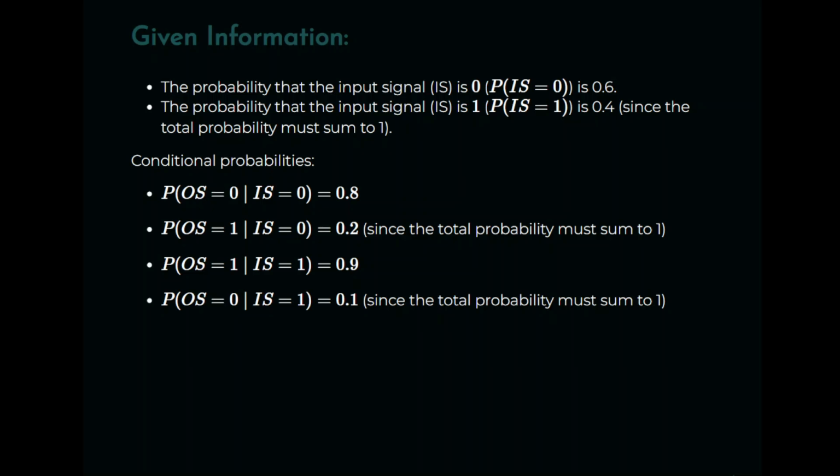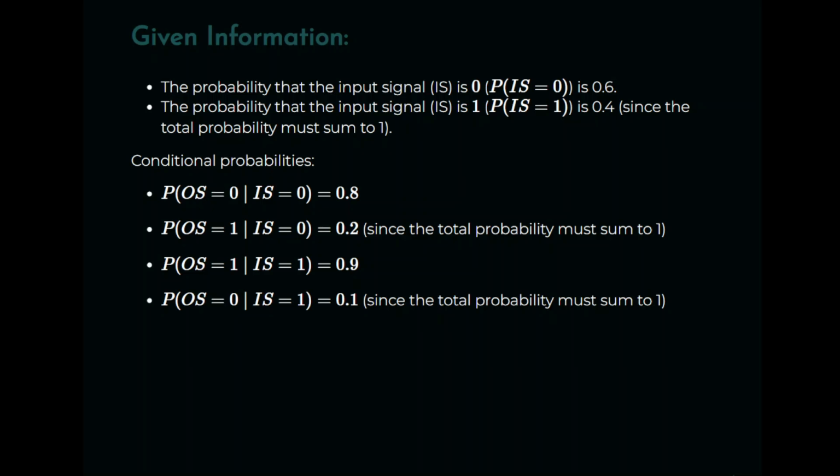So the conditional probabilities: probability of OS, output signal, equals 0, given that IS, input signal, equals 0, equals 0.8. Now we're going to use the complement rule for the second bullet point. Probability of OS equals 1, given IS equals 0, equals 0.2, because those probabilities must add up to 1.